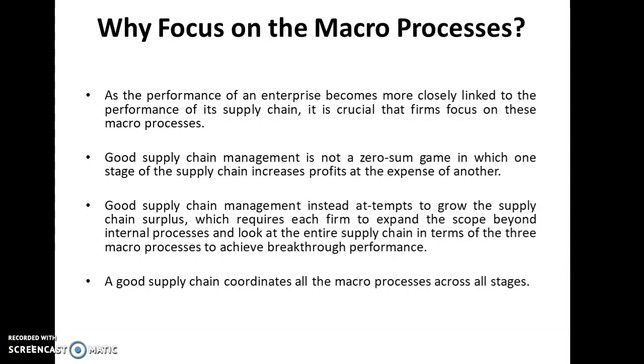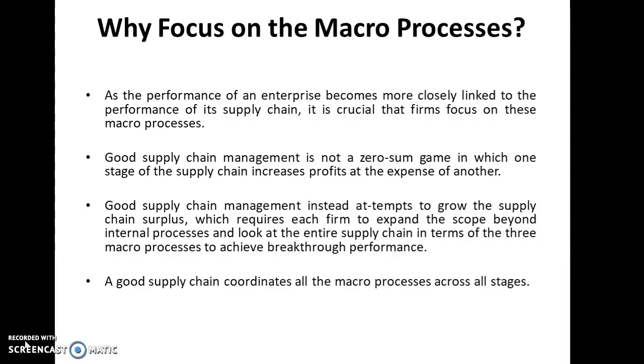Next, we see why to focus on these three macro processes. As the performance of an enterprise becomes more closely linked to the performance of its supply chain, it is crucial that firms focus on these macro processes.